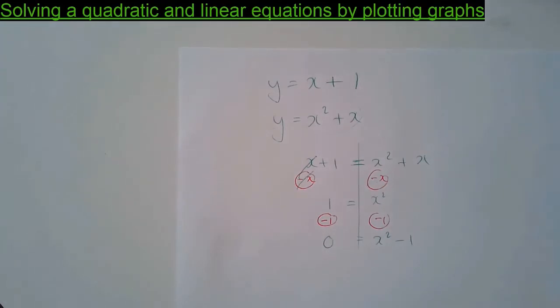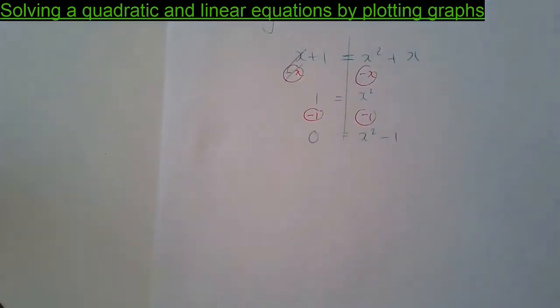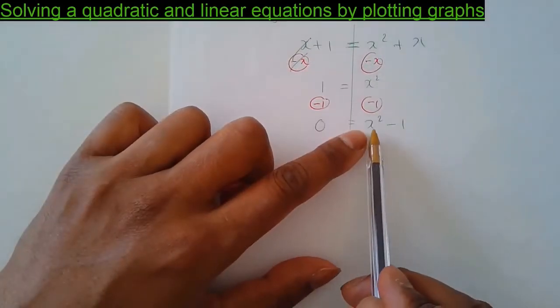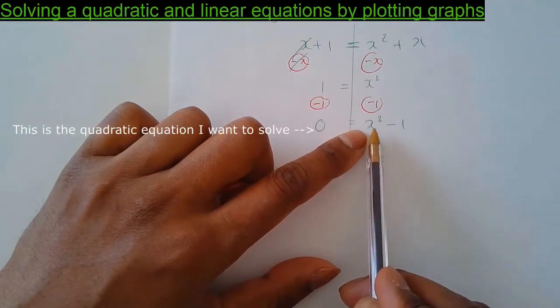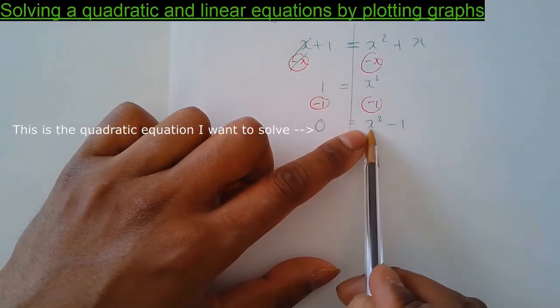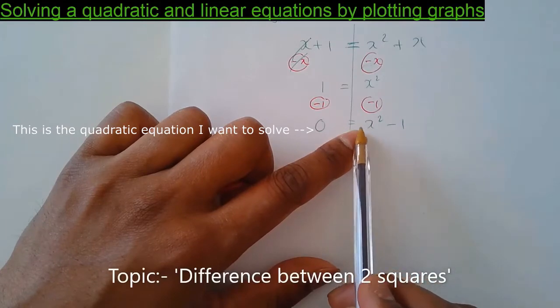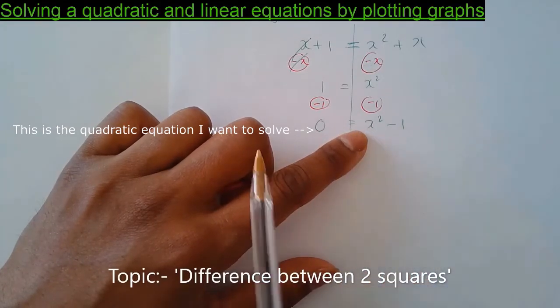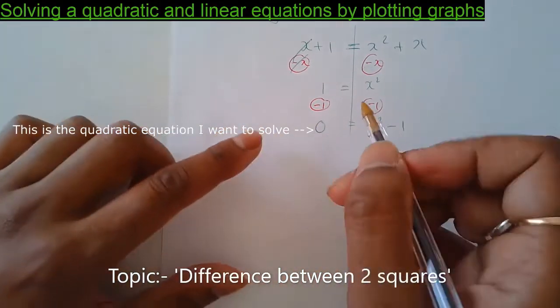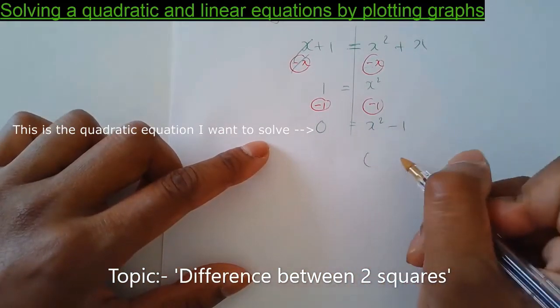That can be solved in quite a few ways. Some of you might recognize that this is the difference between two squares. If you don't know the difference between two squares, you can look that up. What you do is double brackets.